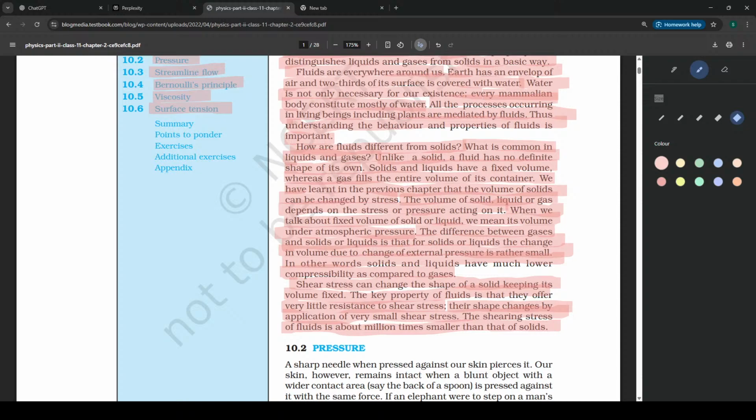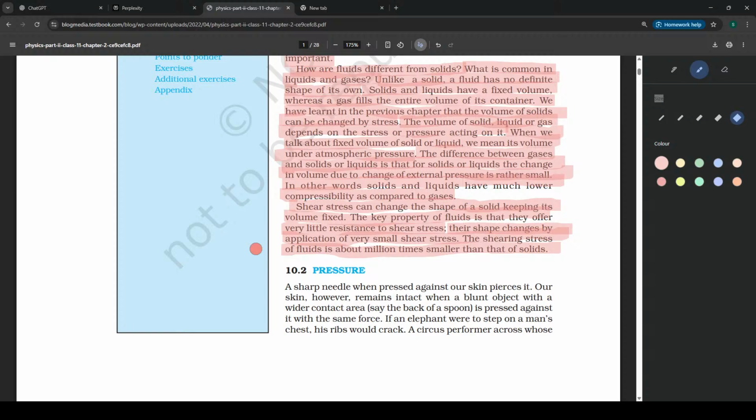Because we are not changing any volume here, any change in shape comes under shear stress, and fluids which can take the shape of any container they are placed in have very low resistance to shear stress. That is why they change shape so easily. The shear stress of fluids is about a million times, 10 power 6 times, smaller than that of solids.